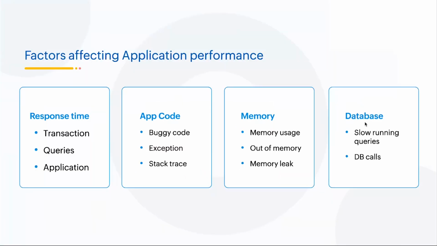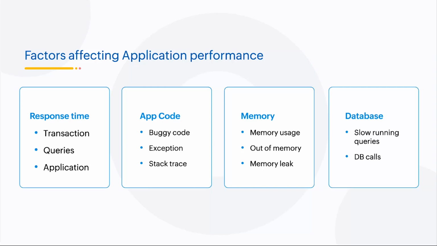Now let's look at the main factors that play a critical role in determining application performance. So first is response time. When a user initiates a transaction on a web application, the request travels from the application layer through the transaction and network layers, and it eventually reaches the application server. So once it's processed, the response is sent back to the user.